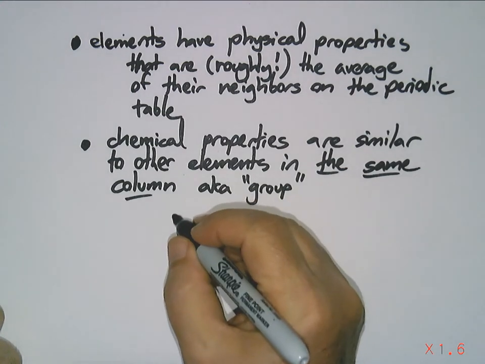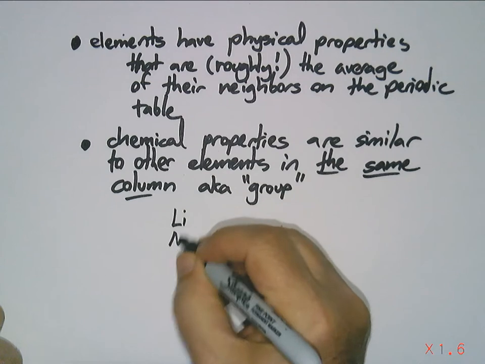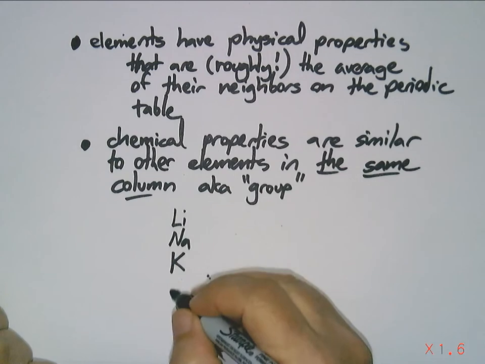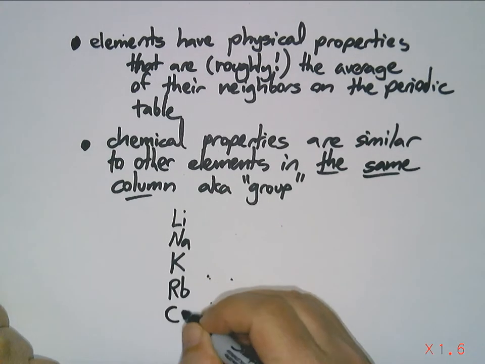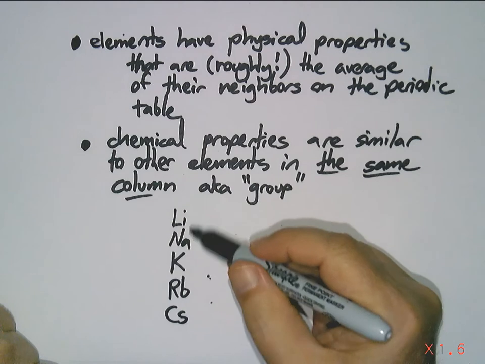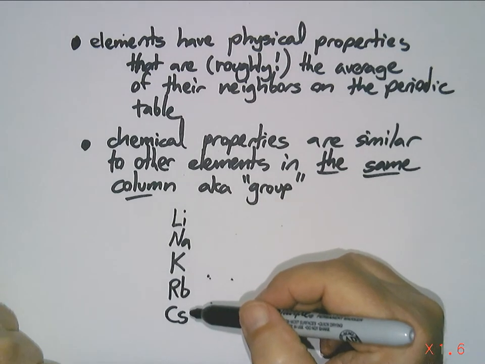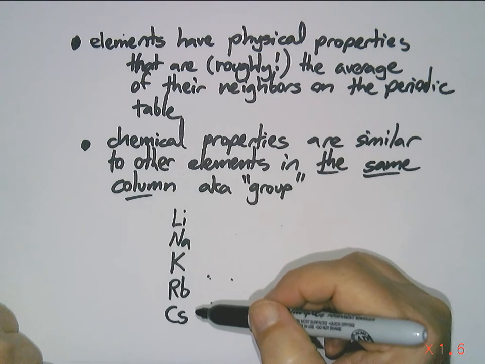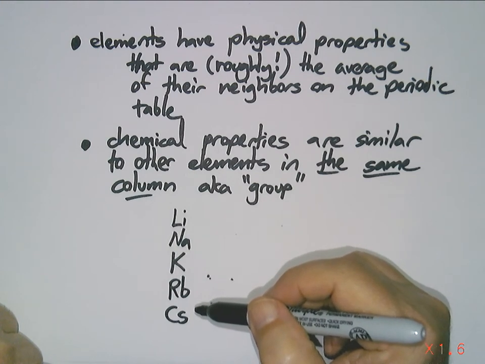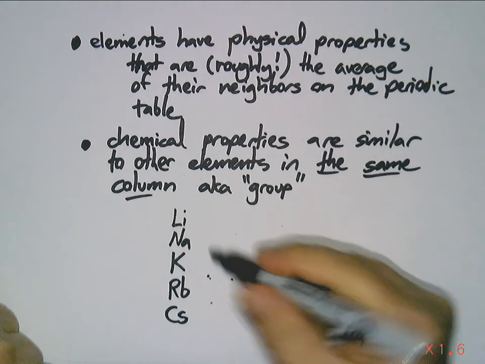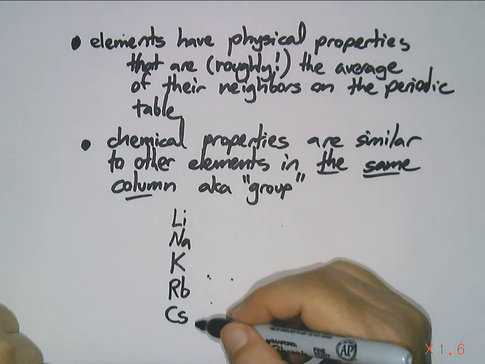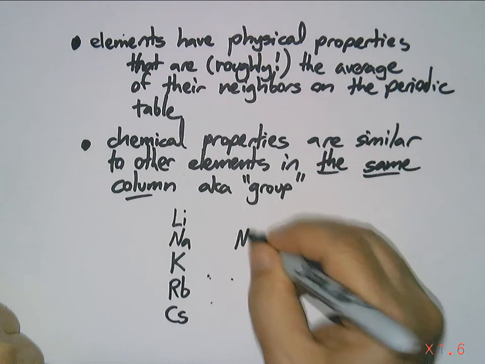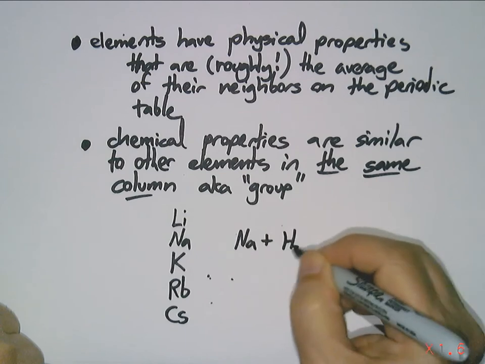If you look at the first column on the periodic table, and you look at these elements in that column, all of them are soft silvery metals. They're so soft you can cut them with a butter knife. And all of them will react pretty violently with water when you throw them into water. The reactivity, though, is not the same for all of these elements. They all react with water the same way. If you were going to write the reaction, it looks something like this.